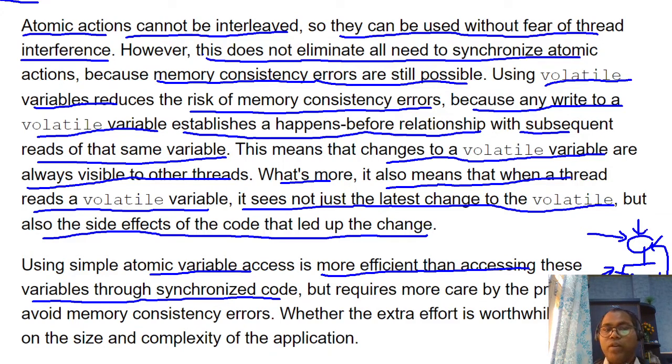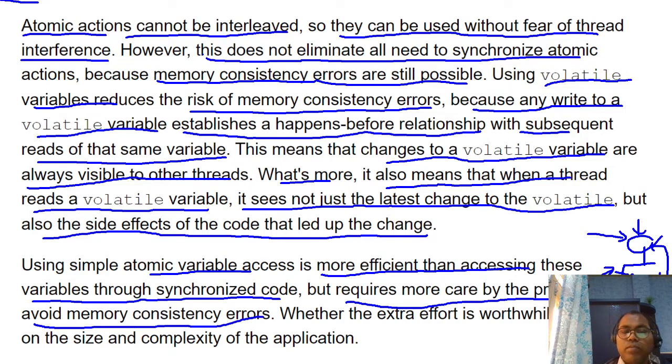The preferable way is to use volatile, if you want to restrict only a particular variable, primitive or non-primitive. You want to say that all the threads get the latest value, but it requires more care from the programmer to avoid memory consistency errors.